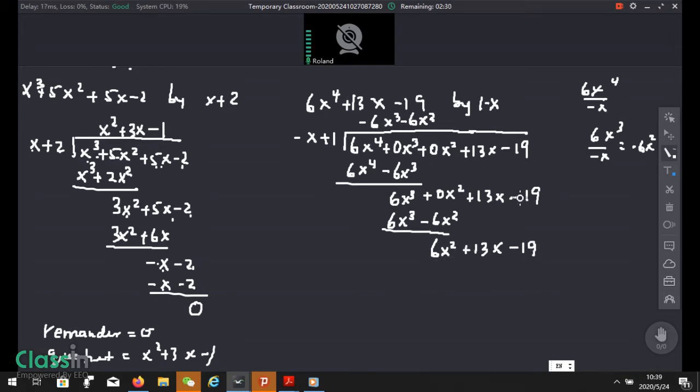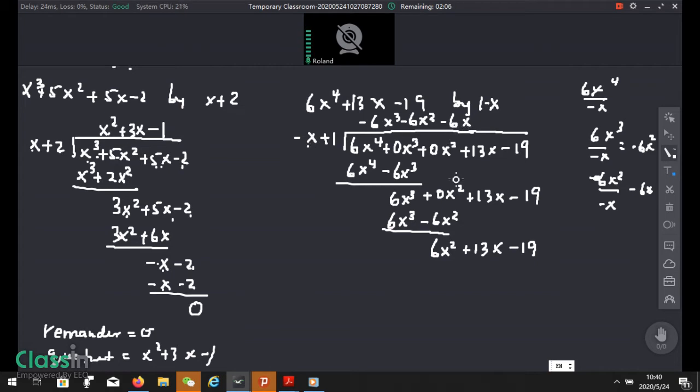We can still divide. Positive 6x squared, we divide by negative x. We have negative 6x. So we multiply negative x plus 1 by negative 6x.